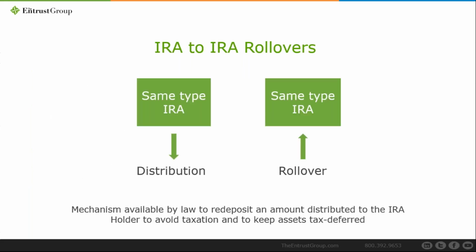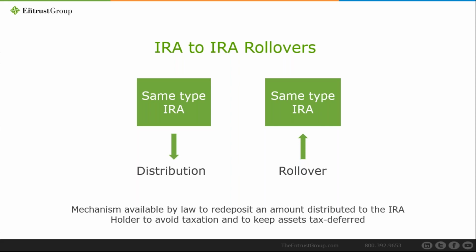Another type of movement is what we call a rollover, right? The only time a rollover occurs is if a distribution takes place. It's really two transactions. In a rollover, in order for a person to put money back, they must have taken it out initially. In other words, the first part of a rollover is a distribution. A distribution from an IRA is reportable. In other words, a 1099-R must be issued to the individual at the end of the year.